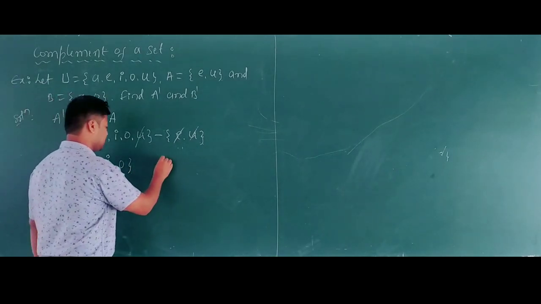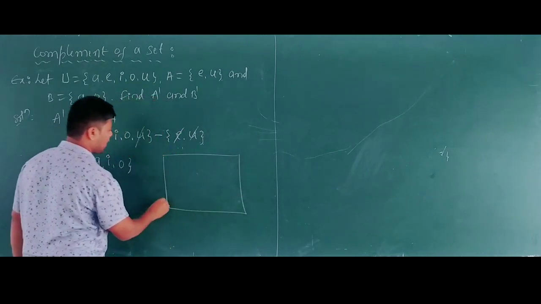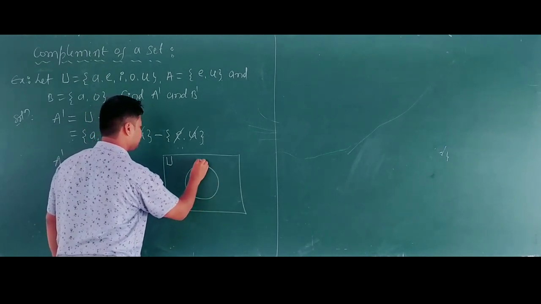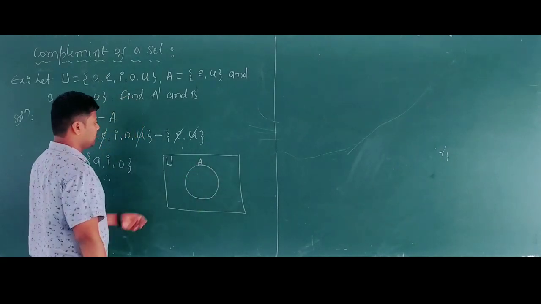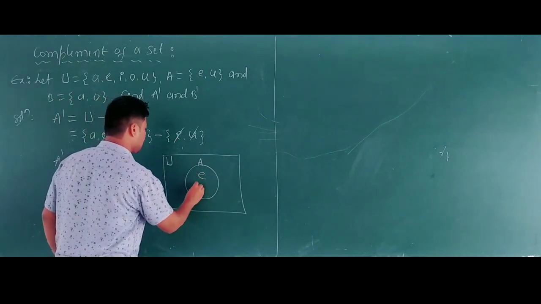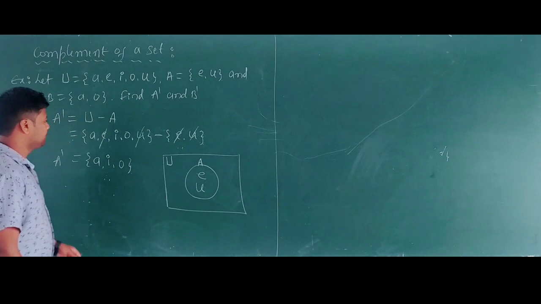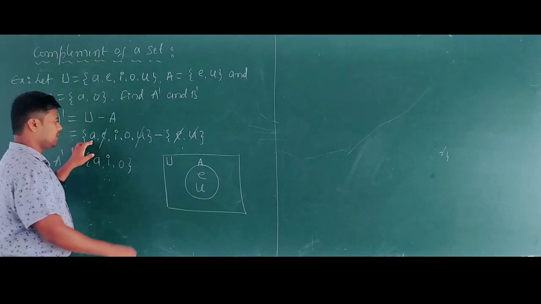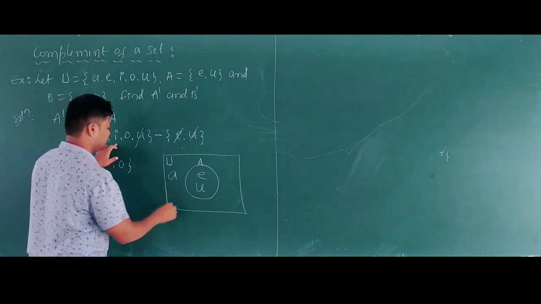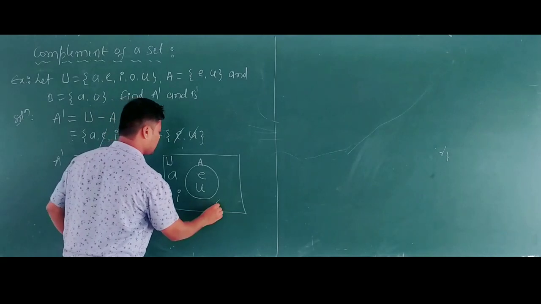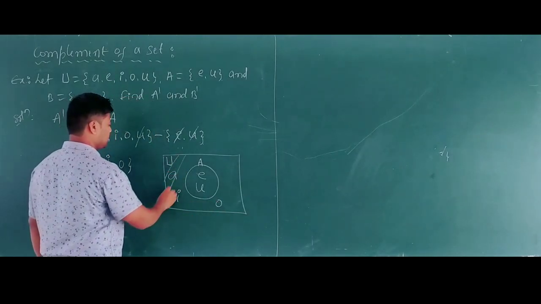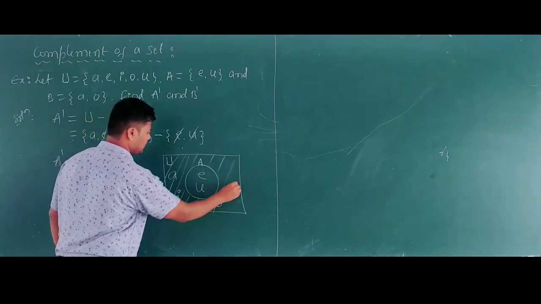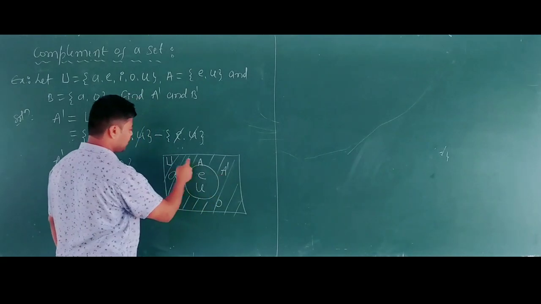This can also be represented by Venn diagrams. This is U, and A is a subset of U. Set A contains E and U. So the remaining elements are A, I, O. This is A dash.